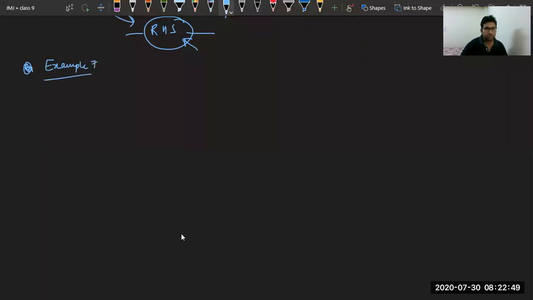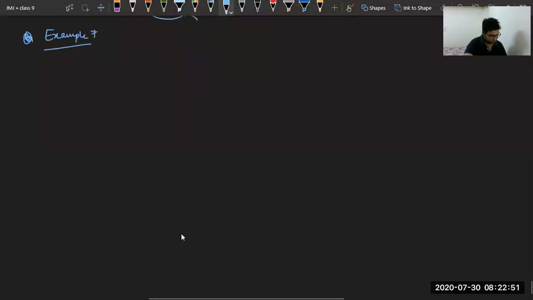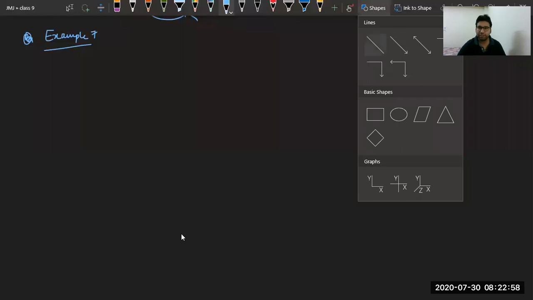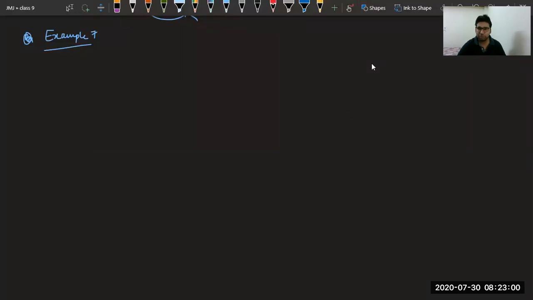Example 7. Let's see. AB is a line segment. I hope you have tried these examples before coming to the class. AB is a line segment. P and Q are points opposite of AB. So P is opposite to AB somewhere here and Q is also opposite to AB somewhere here.